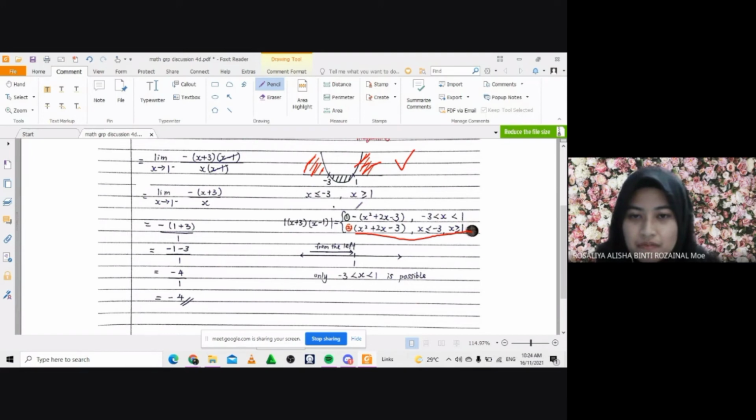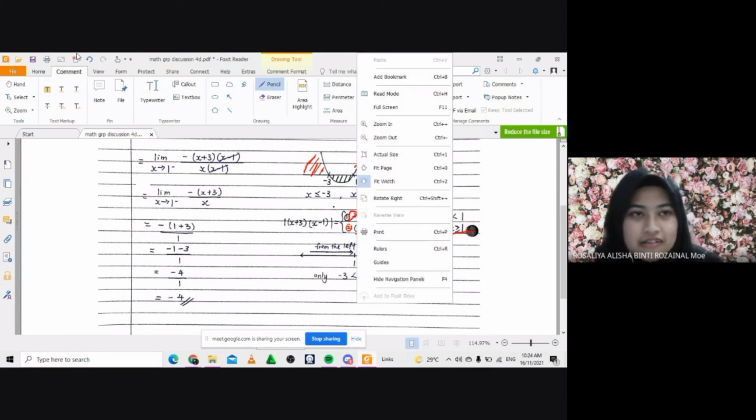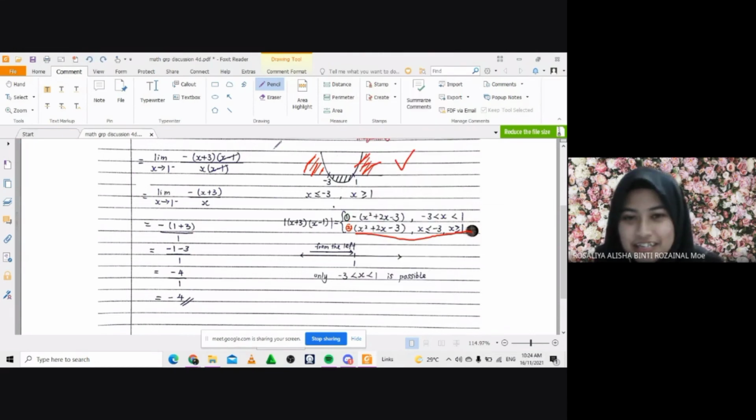And for the negative in front here, the part behind this is opposite to this one. So there is no equal sign. Instead, it is just negative 3 smaller than x, and x is smaller than 1.